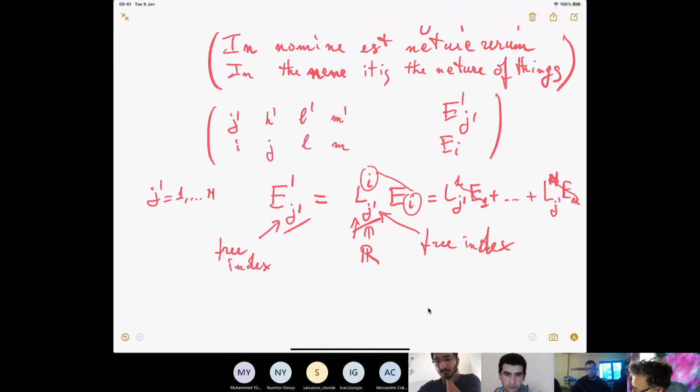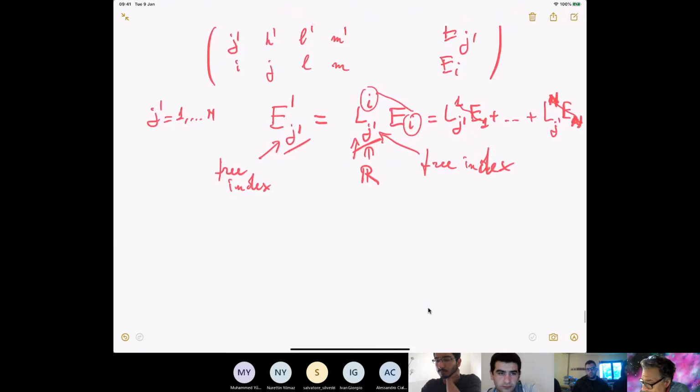Maybe it is better if I use capital M for the dimension of our vector space. Okay, so this formula tells you how every new vector in the new basis is represented as a linear combination of the vectors of the old basis.